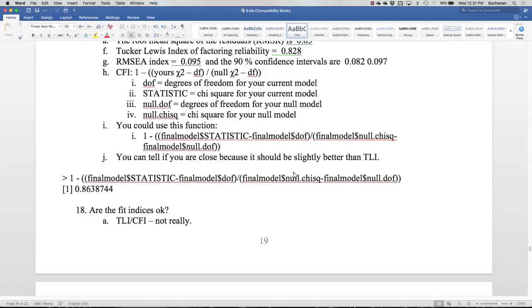So what it's doing is it takes 1 minus your model, the final model, chi-square minus degrees of freedom, divided by the null model chi-square minus degrees of freedom. So what that does is it accounts for the number of factors, and the number of participants through the degrees of freedom.